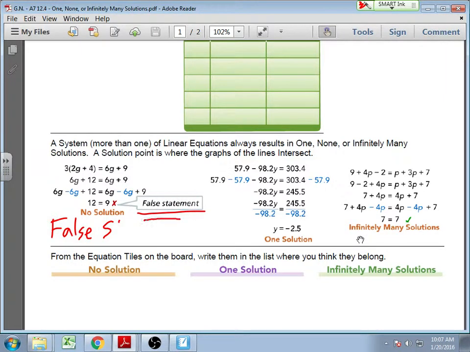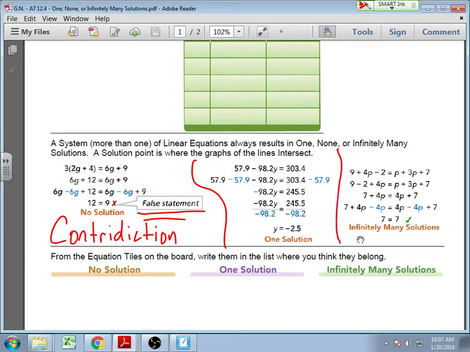You might highlight it, circle, star something, like when you see something that's not true. The other way that we say this, that we use a lot in math, is contradiction. We found a contradiction. That cannot be true. So that's what tells me there's no solution, is that there is a contradiction. We all good now? We found that on our notes. So it might help you to draw lines to separate these.